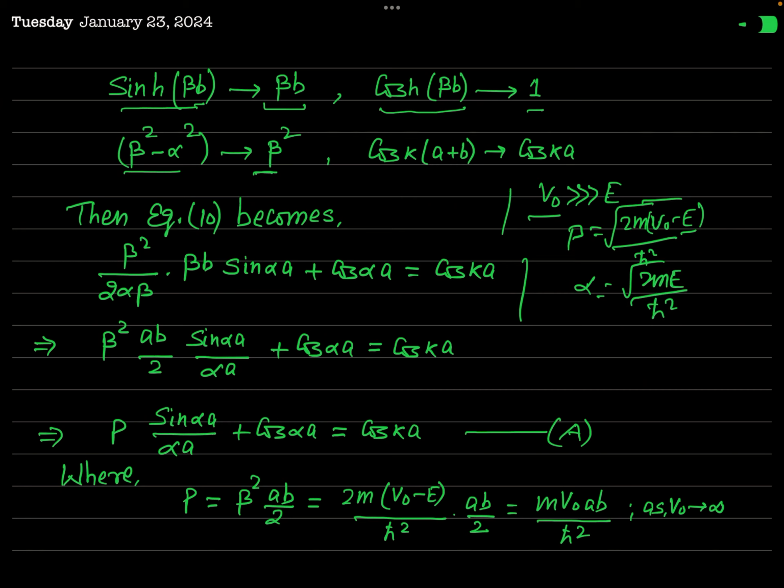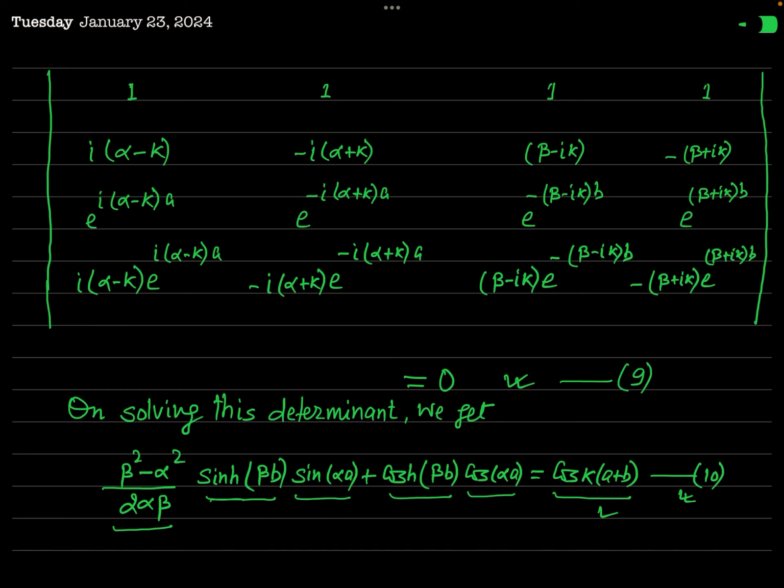Okay? And cos k(a+b). Since b, you have seen, is tending towards 0, taking b as 0, this will be cos ka. So the assumption which Kronig and Penney have considered to solve that very equation, under that limiting condition, what will be now the form of this equation 10? Here α² will be neglected.